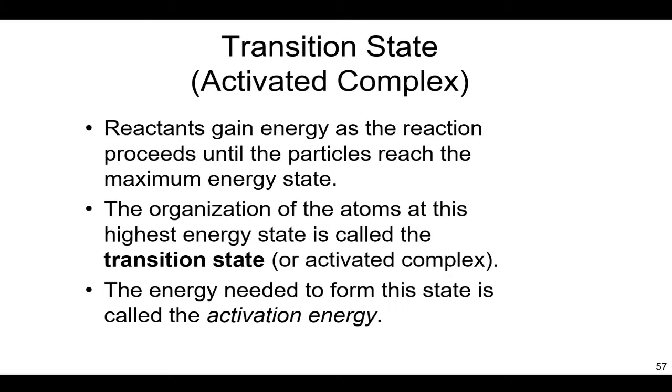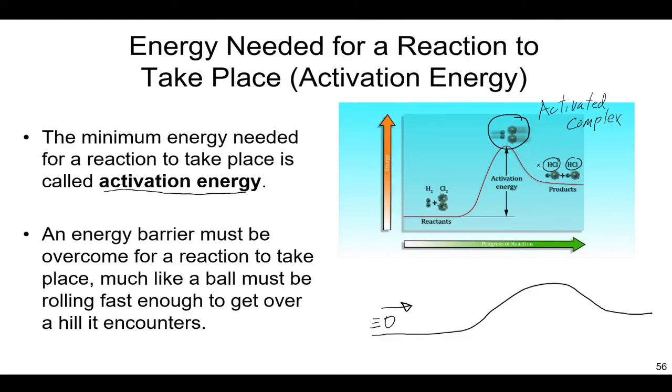The reactants will continue to gain energy as they proceed towards each other, towards the rearrangement, towards this activated complex, also called the transition state. That is this maximum energy state, where the organization of atoms is at its highest state. We use these terms pretty interchangeably here, activated complex or transition state, because it's transitioning from reactants to products.